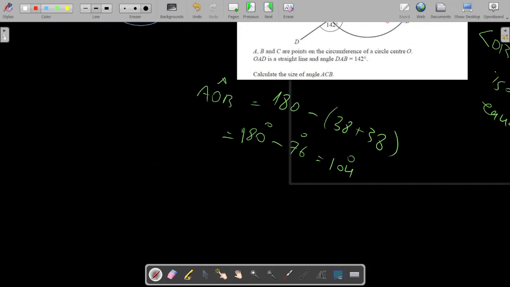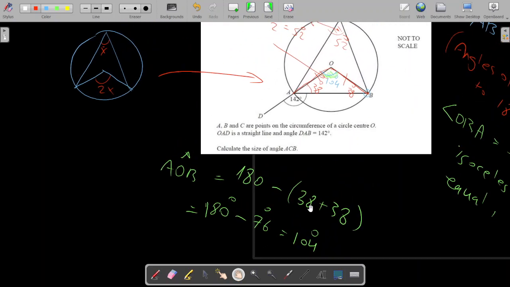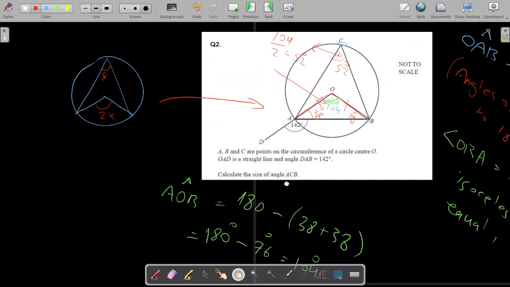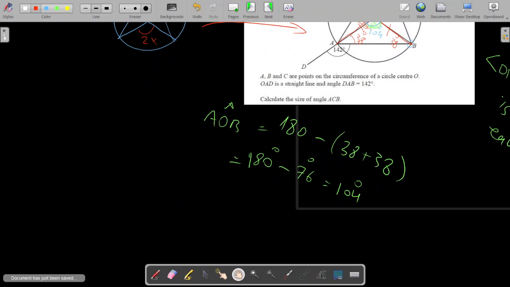So I'm going to write the solution. Now I'm going to say that the angle ACB is going to be equal to 104 divided by 2, which is equal to 52 degrees.